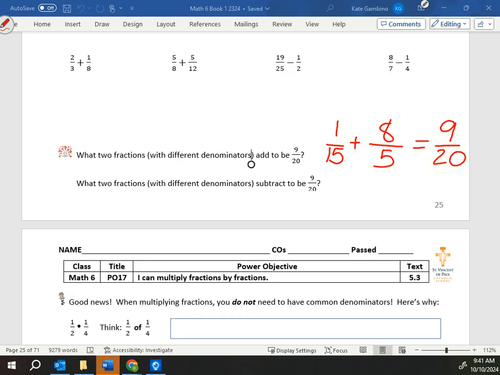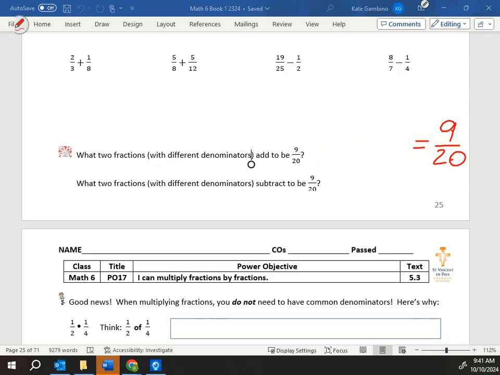Would that work? 1 plus 8 is 9, and 15 plus 5 is 20. Why can't I put that, Kylie? Because my denominators aren't the same. So I can't do it. It's not that easy.